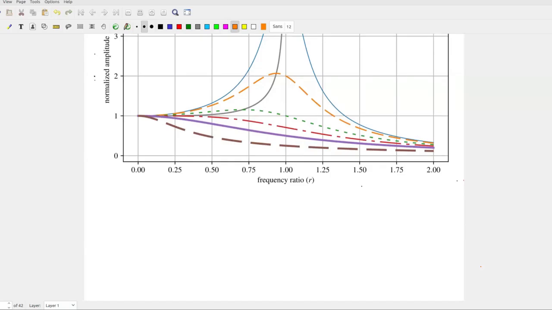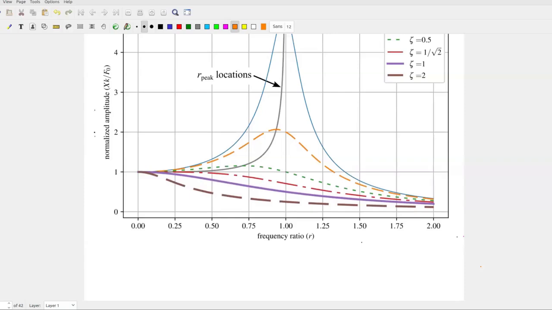Actually, I was completely wrong before. I apologize. Okay, so it does not change over at zeta equals 1. It changes over at the special function of zeta is equal to 1 over the square root of 2, your changeover point, where your max value is at 0.